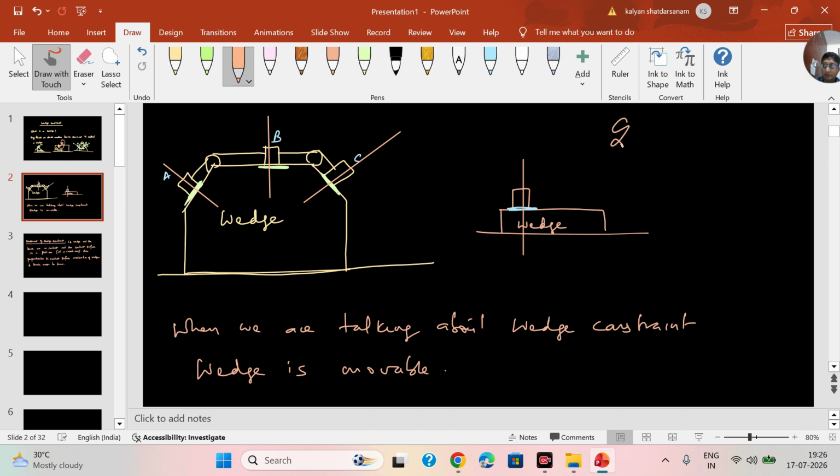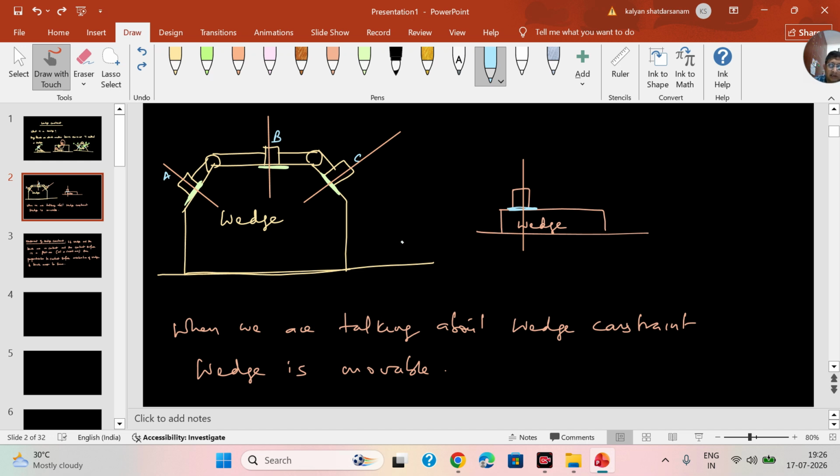Suppose I am holding a rope and the dog is here. The dog and I can move only in such a way that, suppose I am moving like this and the dog is moving like that, my component along the string and the dog's component along the string must be same, because the string is inextensible, right? Assuming the string is tight. If the string is loose, the constraint may not hold, but I am assuming that it is tight or taut, and then I am saying that.